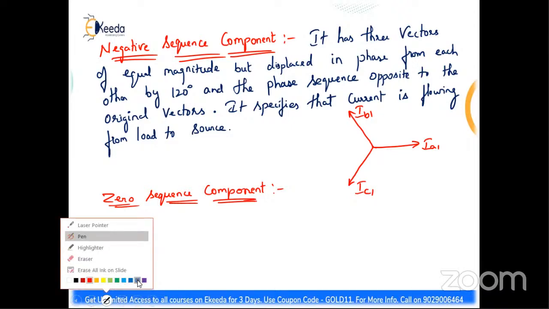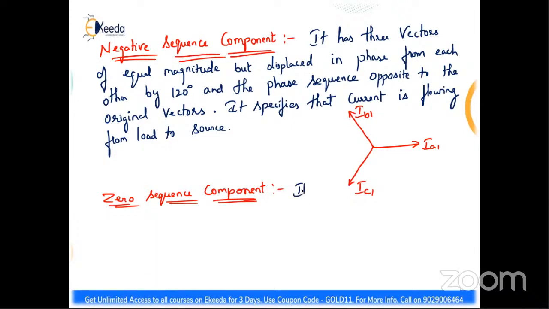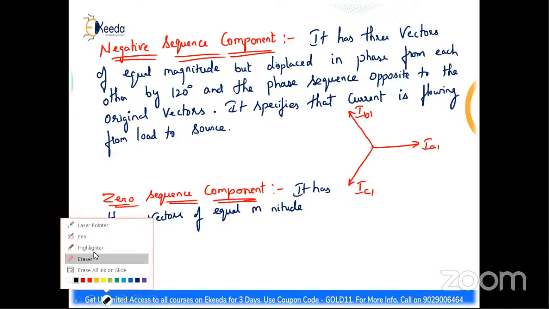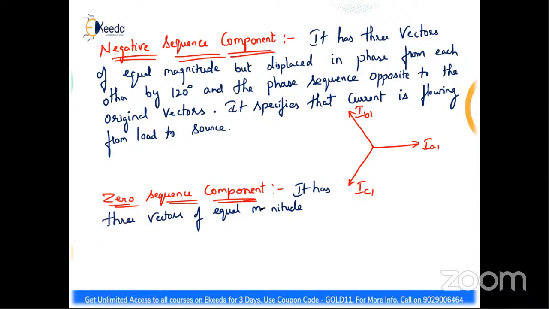Again the same, even it has three vectors. Here what happens? Of equal magnitude. It is a zero sequence component. Understood?